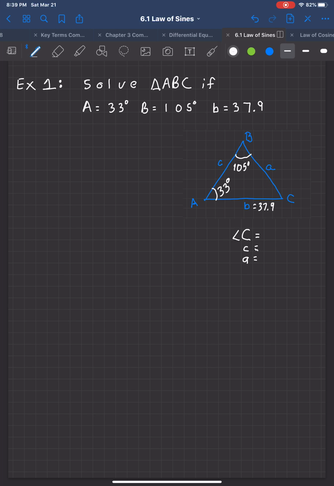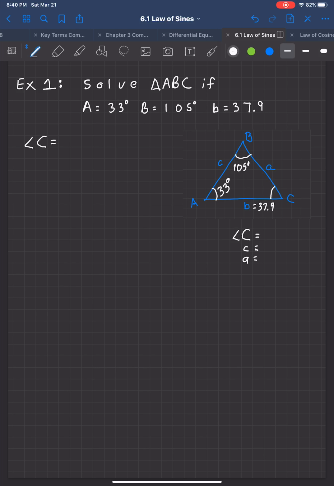And now it's time to jump in and start using the law of sines. Okay, so let's start with the fact that you have 2 of the 3 angles of a triangle, correct? So if you want to find angle C, you don't need the law of sines at all, right?